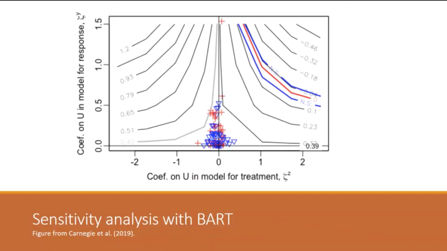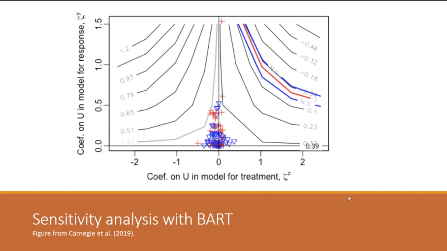And so that produces plots that look like this, where we are looking across a range of coefficients on our unobserved confounder, which is then tacked on in an additive way to the BART model. We don't really have a way of specifying how it fits into trees, but there's some additive effect of the confounder. Similarly, an additive effect in the treatment model. How much does the treatment effect estimate change, benchmarked by the coefficients that would be estimated for the actual covariates in the data set?